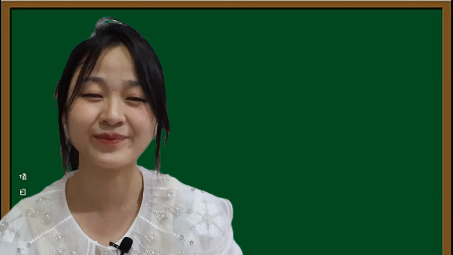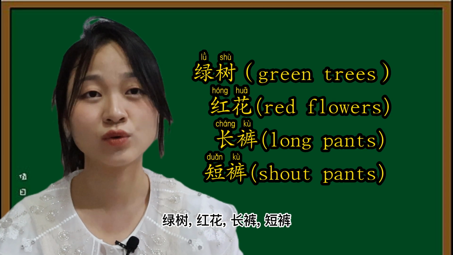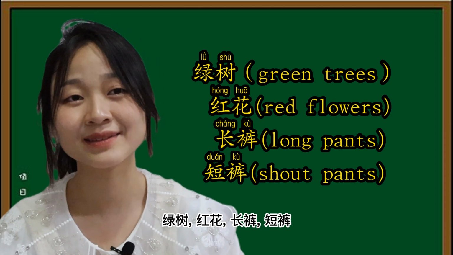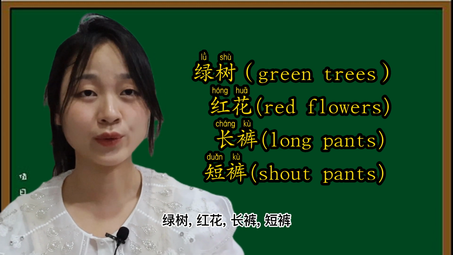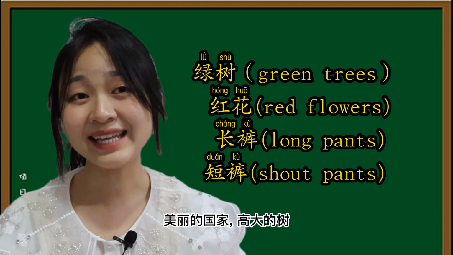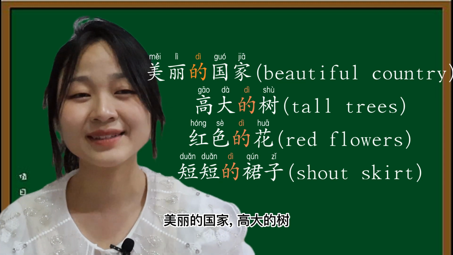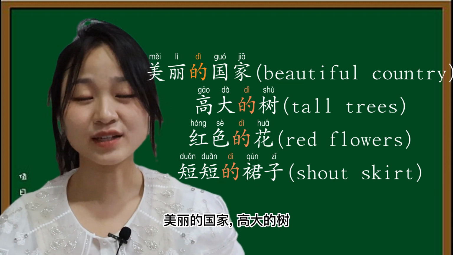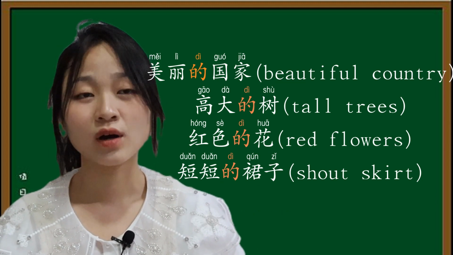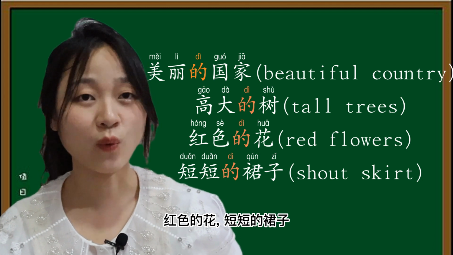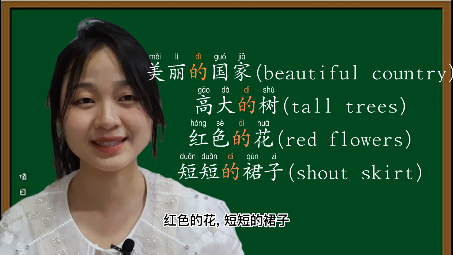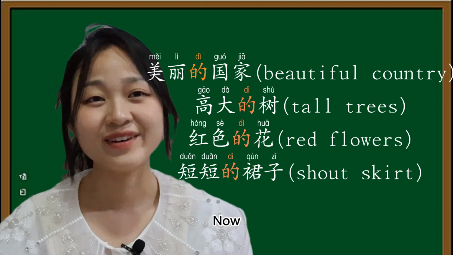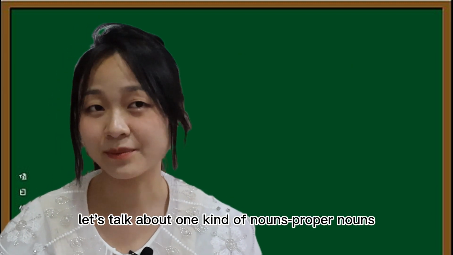For example, 绿树, 红花, 长裤, 短裤, 美丽的国家, 高大的树, 红色的花, 短短的裙子.